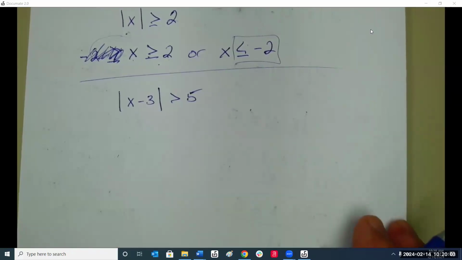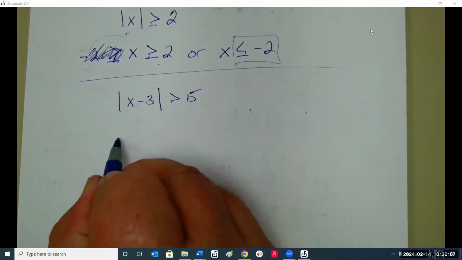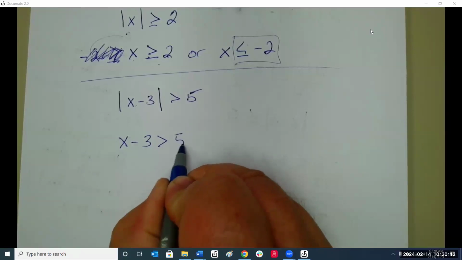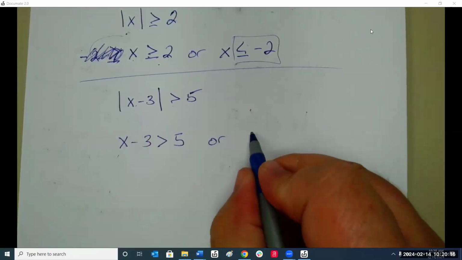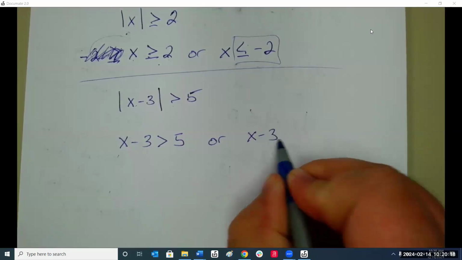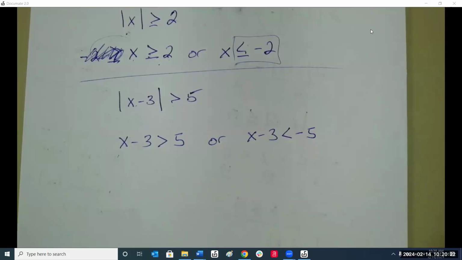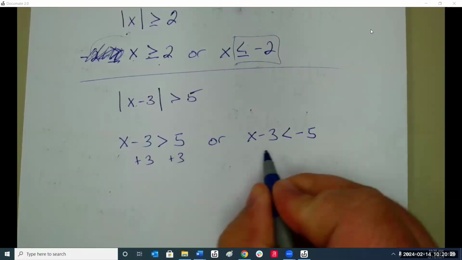All right, setting it up should be pretty quick and easy. Drop the absolute values. So we have x minus 3 is greater than 5. Since it's greater than, there's an or. X minus 3 is less than negative 5. Add 3 across the board.